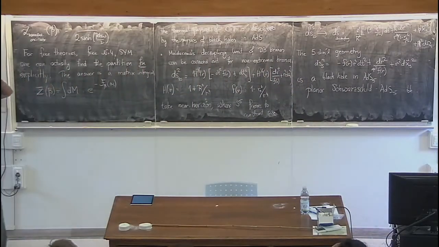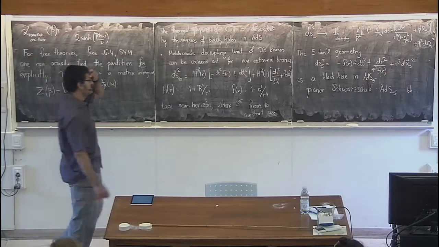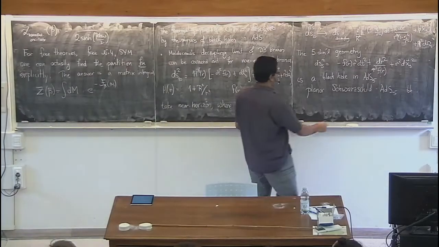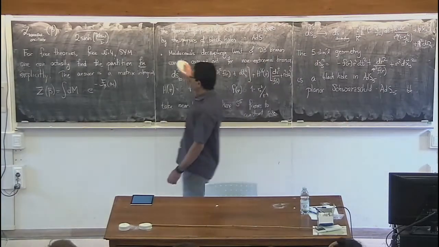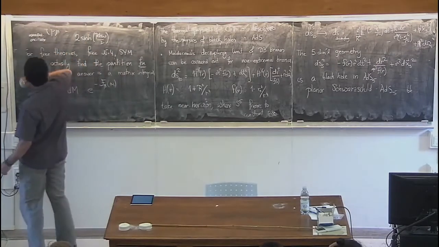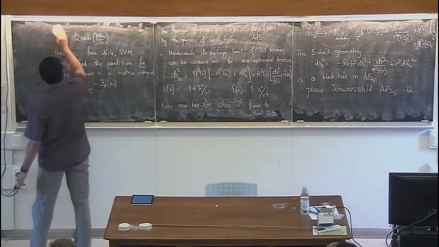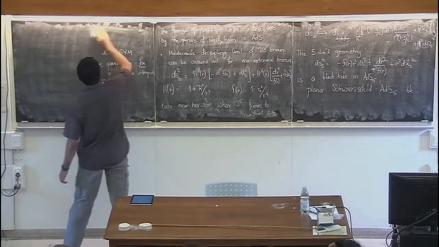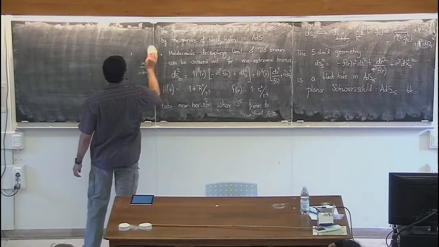I'll explain why it's planar and why it's Schwarzschild in a second. But that's the solution you get, and it's intuitively reasonable.